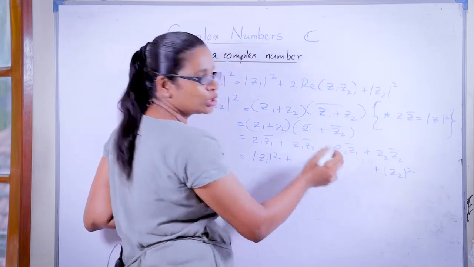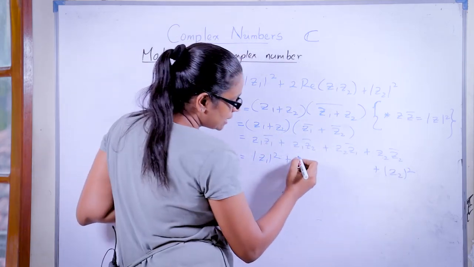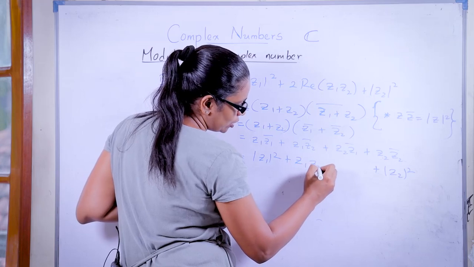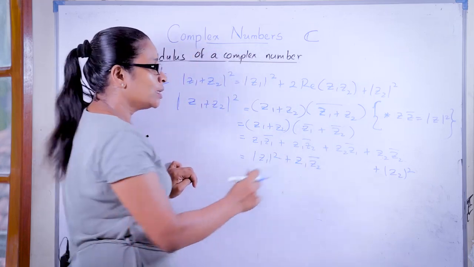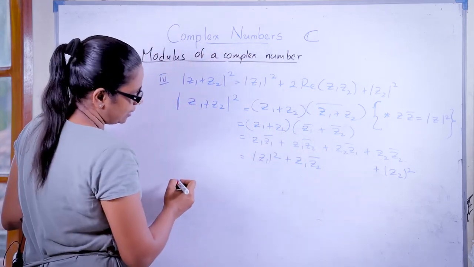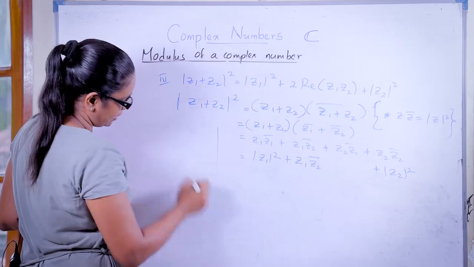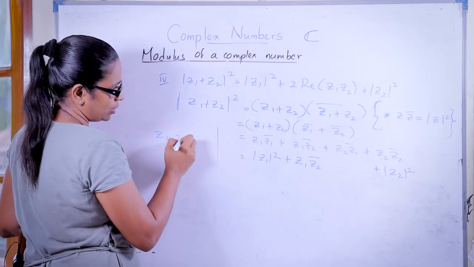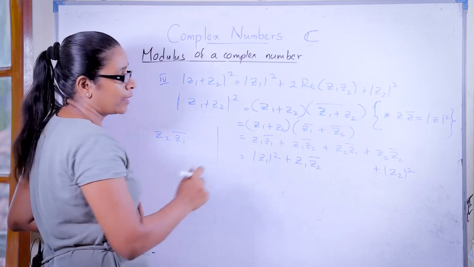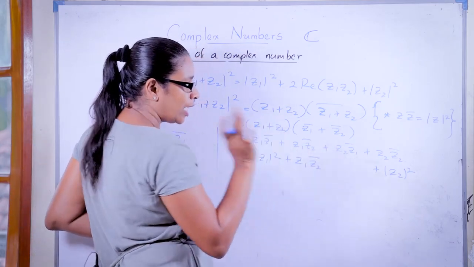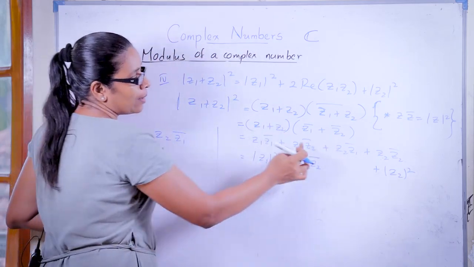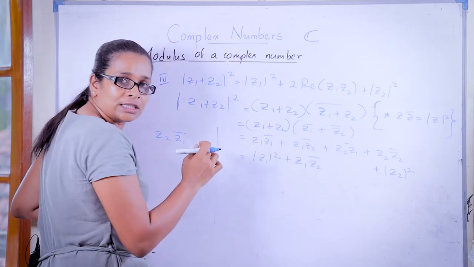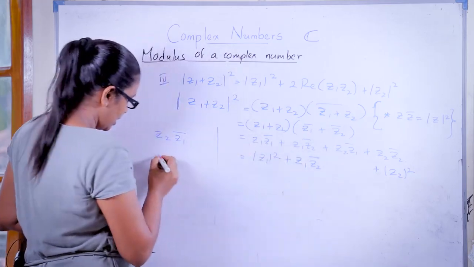Then what about these two terms? Look at this one, Z1 Z2 bar. If you consider this one, I will write it here, Z2 Z1 bar. This one I am going to write as the conjugate of this term. Let me explain it.